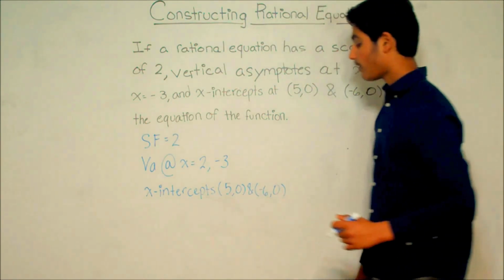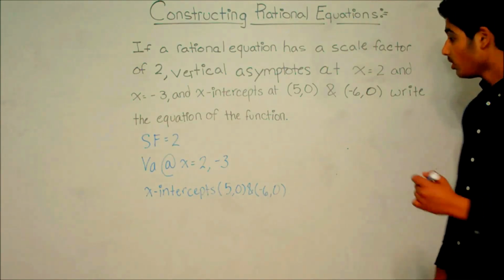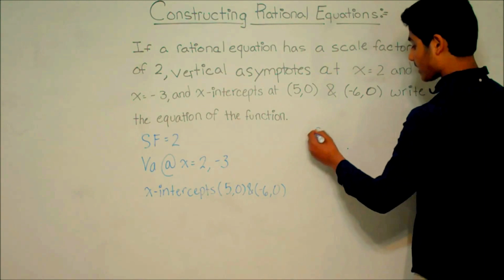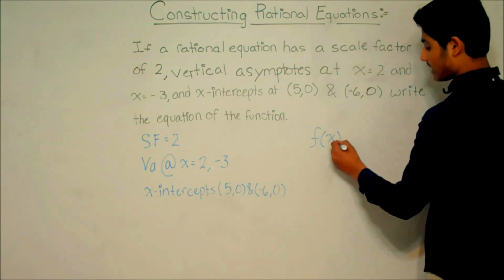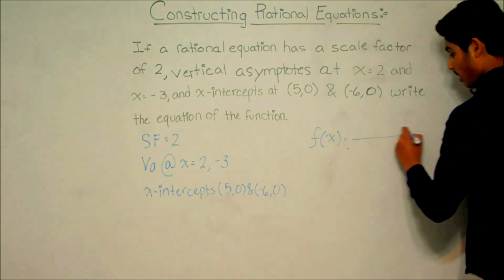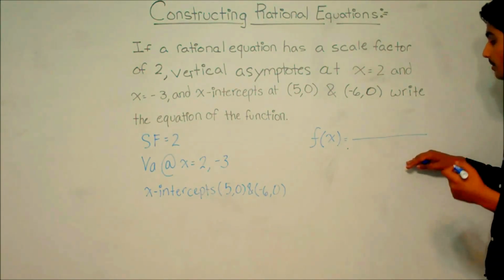So now we have to remember what we know about rational functions. What we know is that f of x, the rational function, is a fraction with one polynomial in the numerator and another polynomial in the denominator.